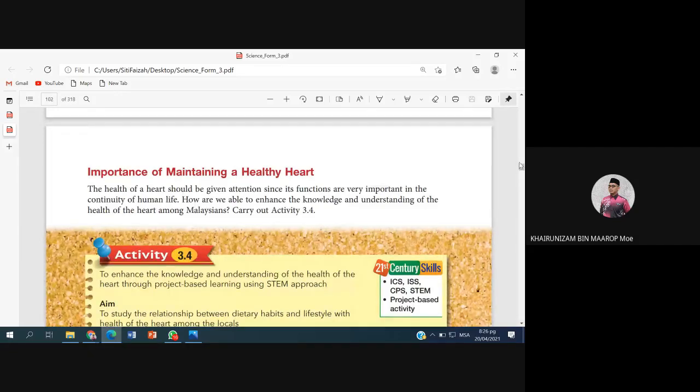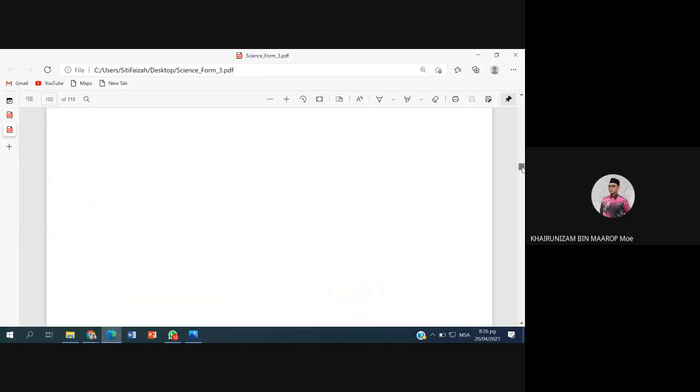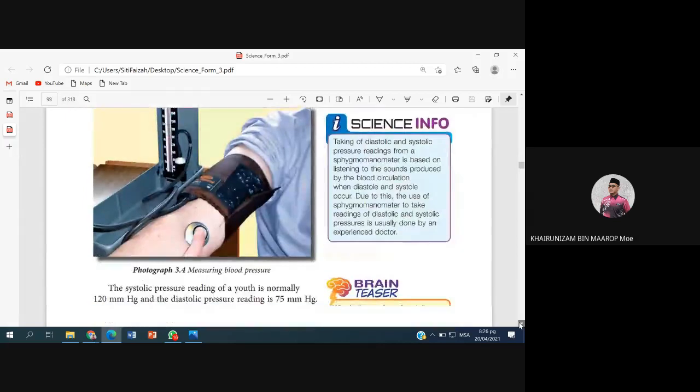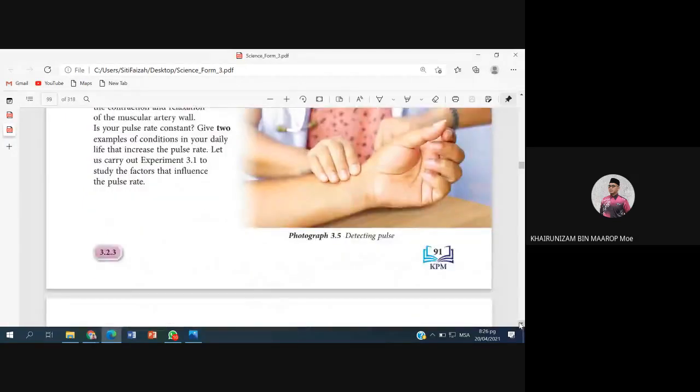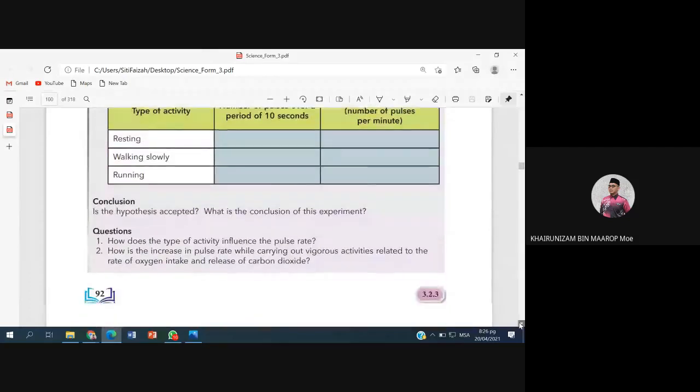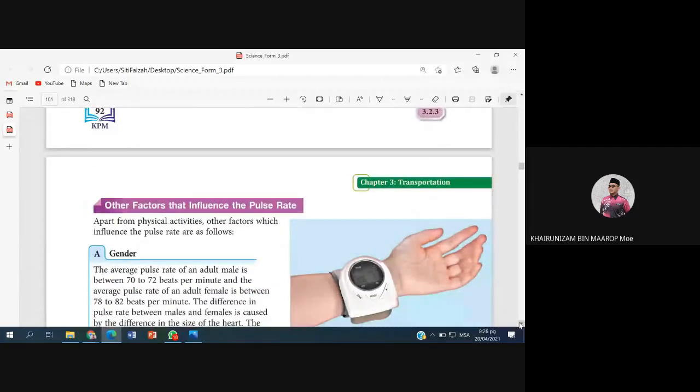So another one is activity. And this textbook says, other than the activities, apart from physical activities, other factors are gender, age, and body health. Okay, so tadi cikgu dah sebutkan.